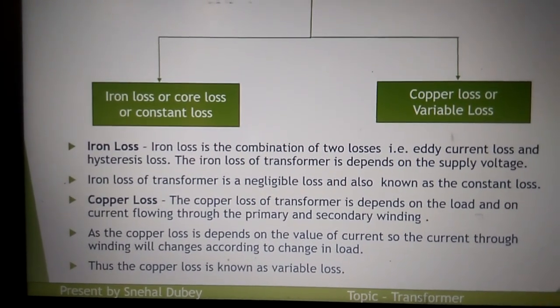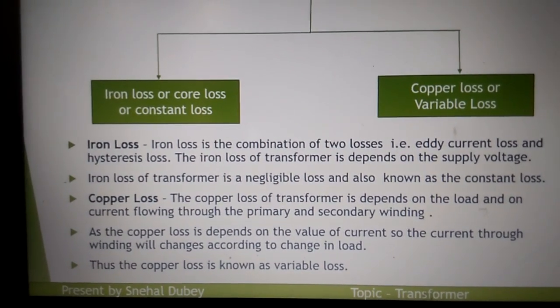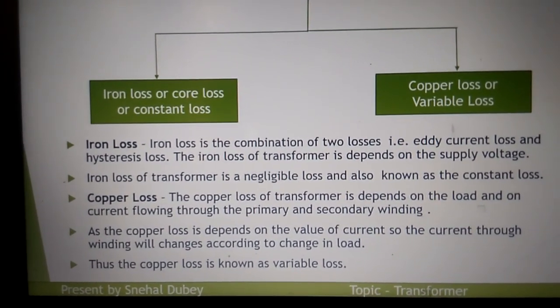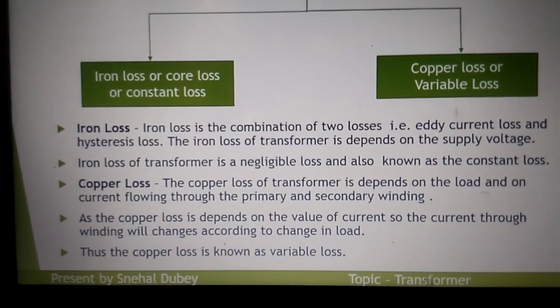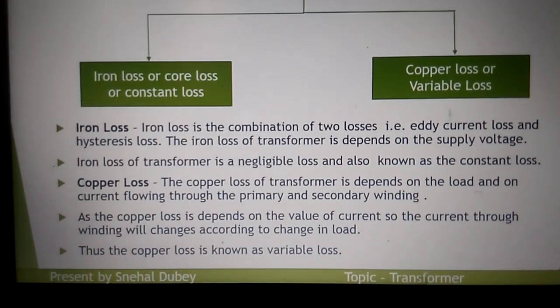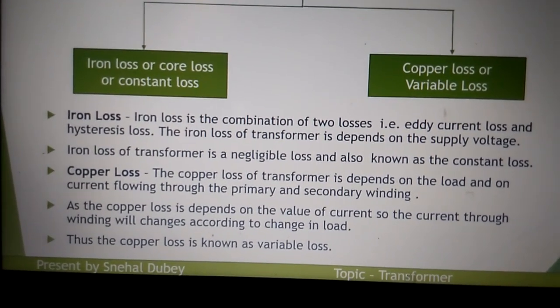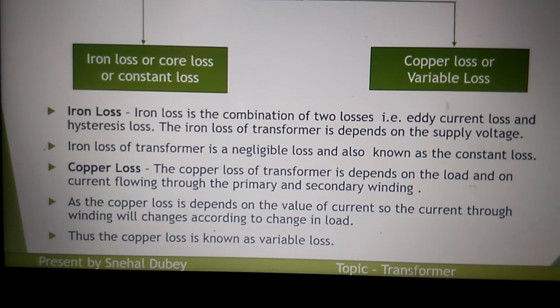Next आता है copper loss. The copper loss of transformer depends on the load, on the current flowing through the primary winding and the secondary winding, है ना. As the current flowing through the primary and secondary winding depends on the load, that means if a change in load occurs, a change in current also occurs.